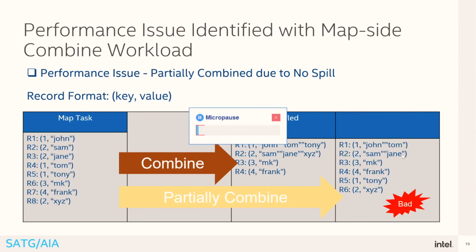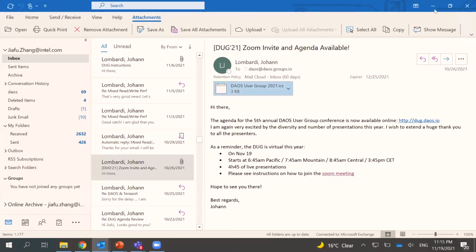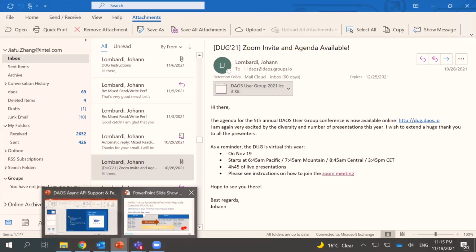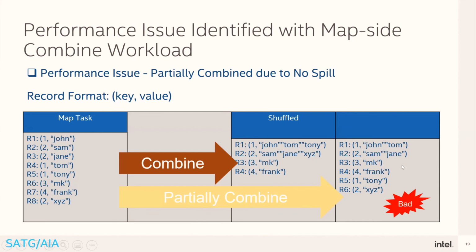But actually, we should spill the temporary R1 records to either DAOS or the local file system after all records are consumed.